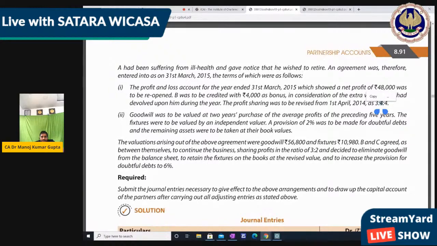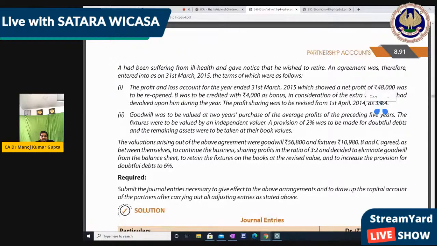Then fixtures 10,980. B and C agree as between themselves to continue the business, sharing profit in the ratio 3:2, means the new PSR is 3:2, and decided to eliminate goodwill from the balance sheet.